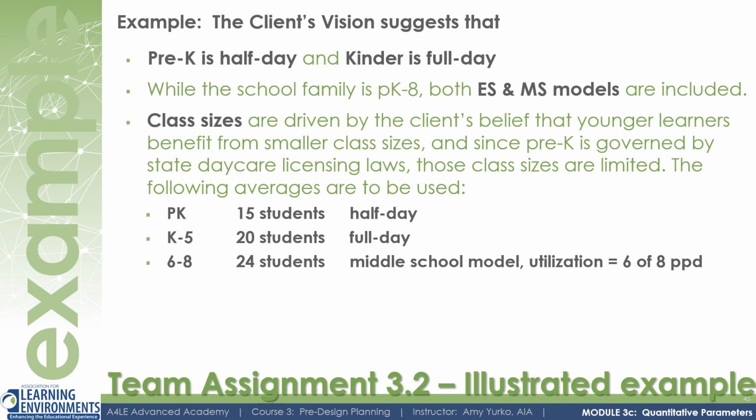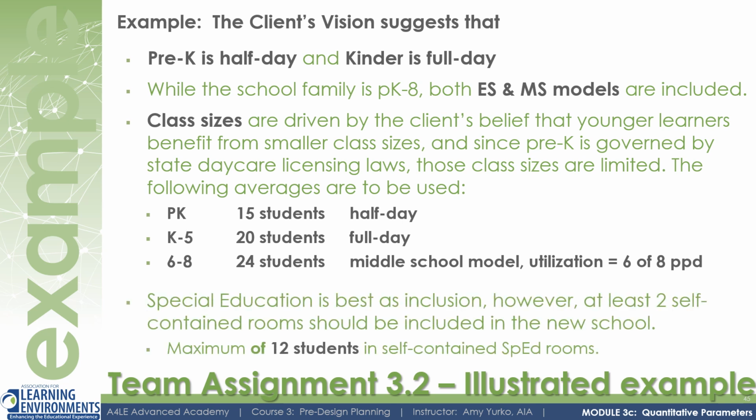The following averages were used. Pre-K at 15, half day, K through 5 at 20, full day, 6 through 8 at 24, in a middle school model utilizing 6 of 8 periods per day. And special ed is best as inclusion. However, at least 2 self-contained rooms were to be included in the new school, a maximum of 12 students in any self-contained special ed rooms.